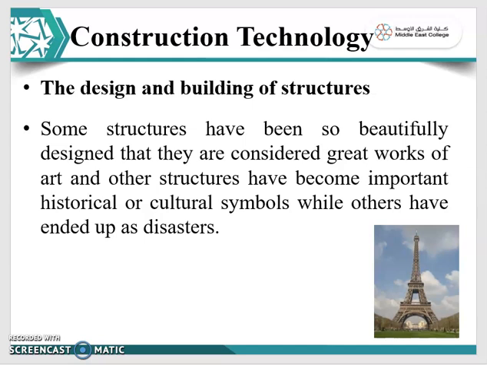Some structures have been so beautifully designed that they are considered great works of art, and other structures have become important historical or cultural symbols, while others have ended up as disasters. So there are successful constructions and there are disaster constructions.